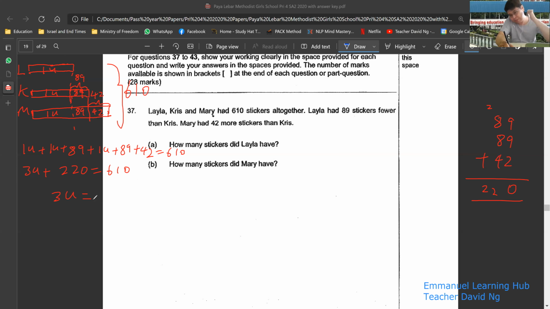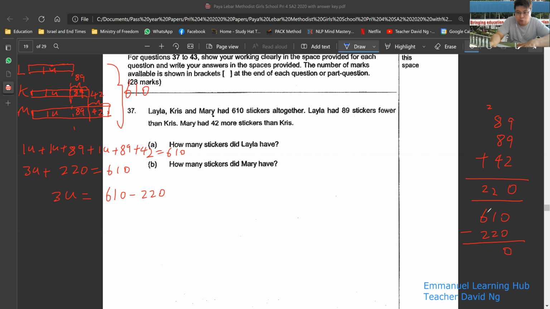So how to find 3 units? 610 minus 220. And what is 610 minus 220? Okay, let's do together. 0 minus 0 is 0.